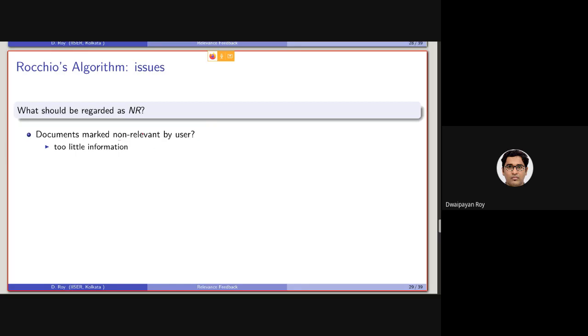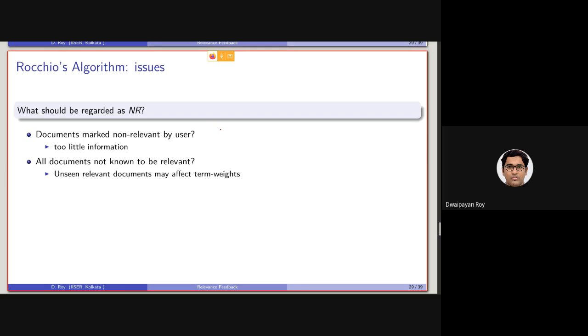The answer is no. Why? Because, as we have said, there can be many different types of other non-relevant documents present in the collection as well. So this is too little information.